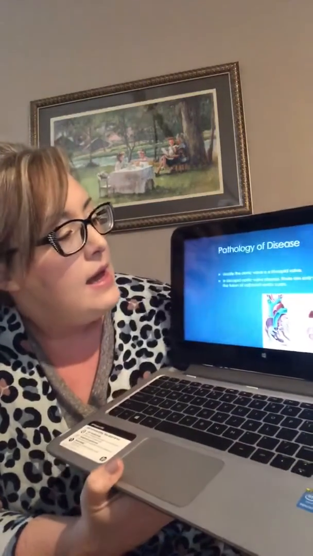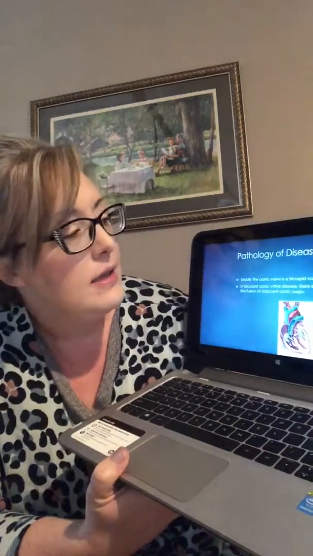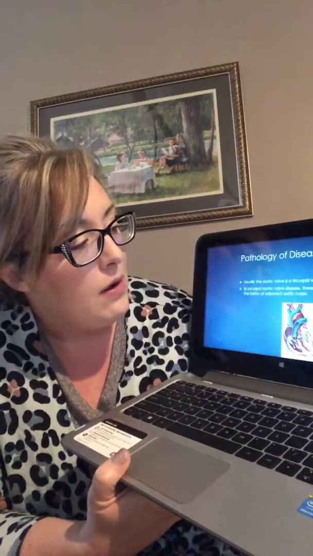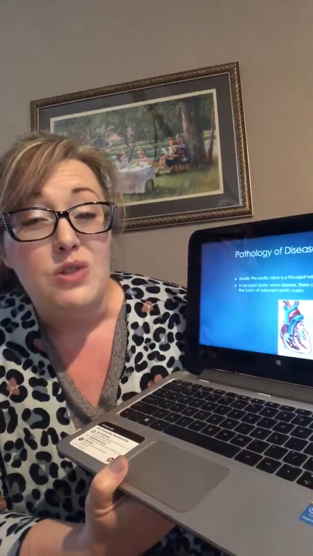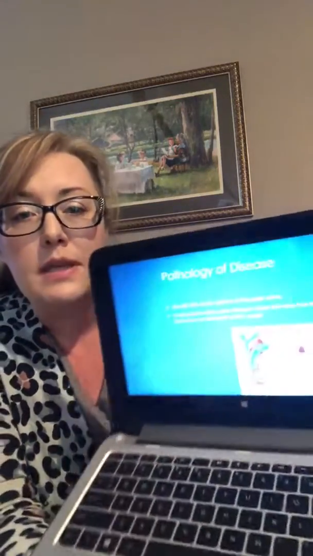So a little bit about the pathology of the disease. The aortic valve is usually a tricuspid valve in a normal heart. In bicuspid aortic valve disease, there are only 2 leaflets due to the fusion of the adjacent aortic cusps.